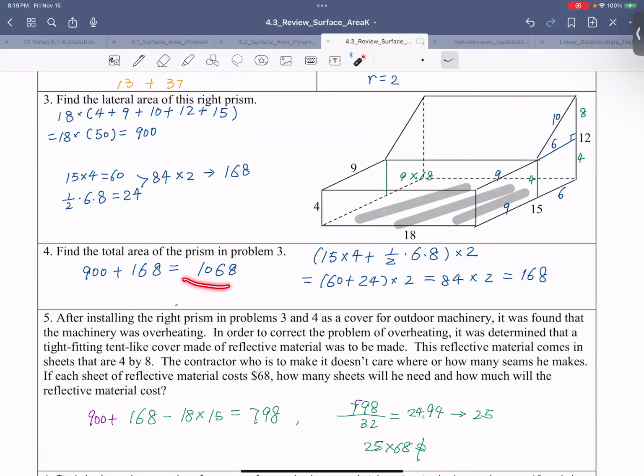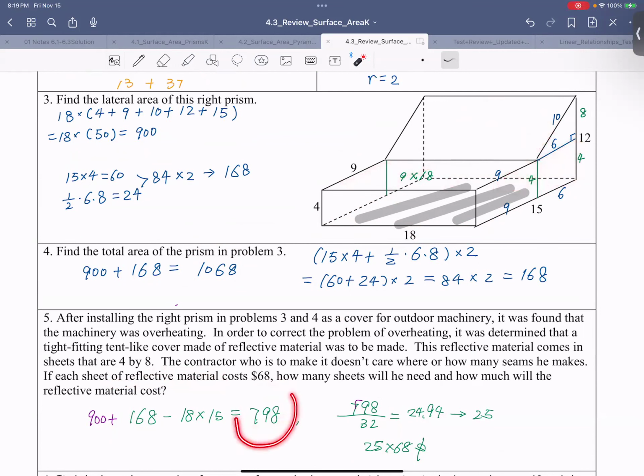So we use 1068 minus this big bottom area, which is 18 times 15. After you do this subtraction, you will get all the other area you need to cover by this reflective material.